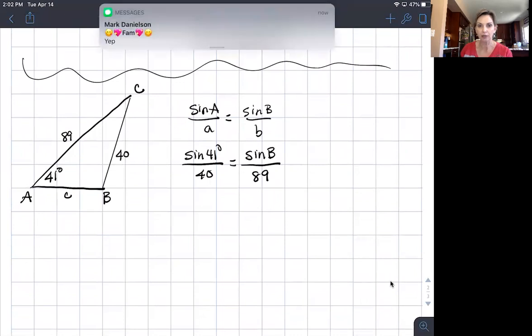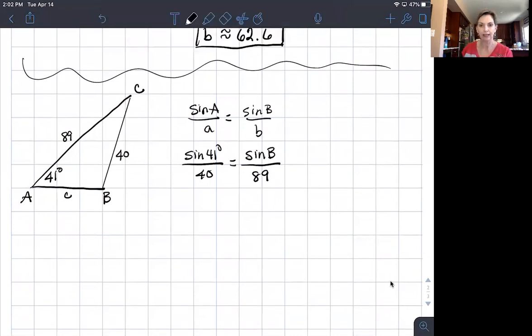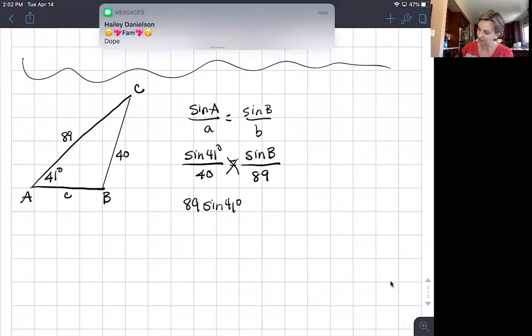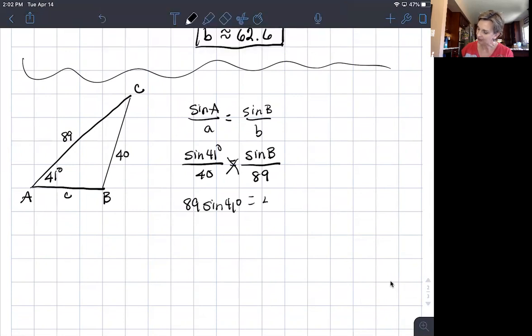Now plug that in and solve for angle B. Cross multiply: 89 sine 41 degrees is 40 sine B. Then divide by 40.